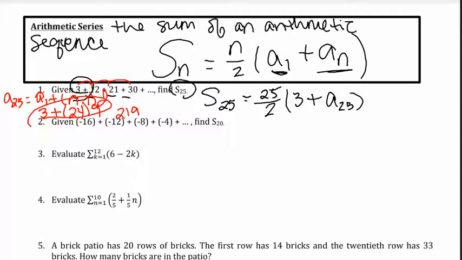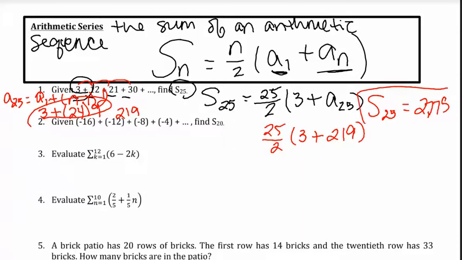So now I can come back over to my series formula, and I can say 3 plus 219. So then in Desmos, I'm going to type in 25 divided by 2 times 3 plus 219, and S sub 25 is 2,775.